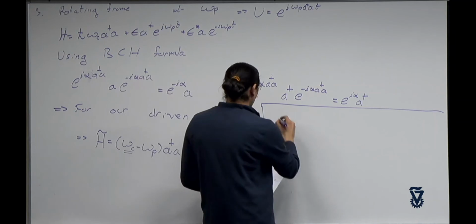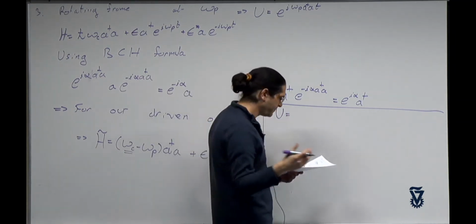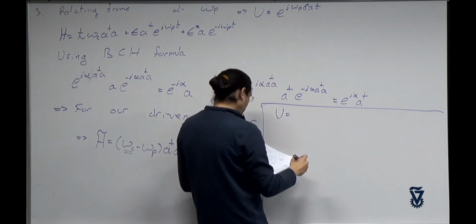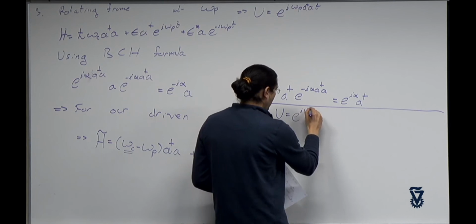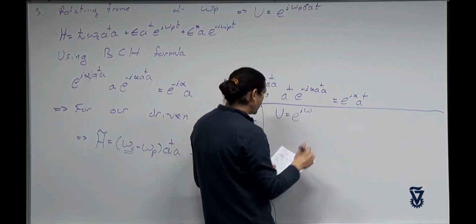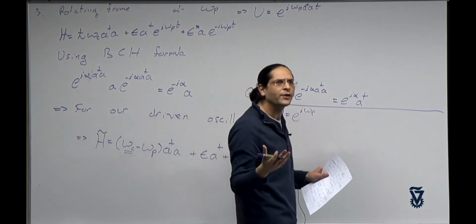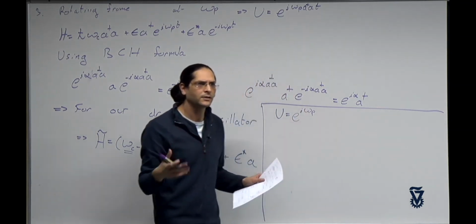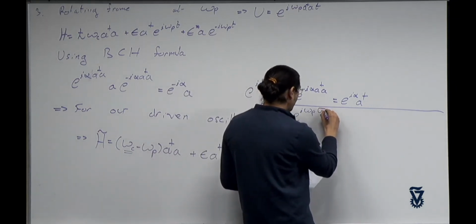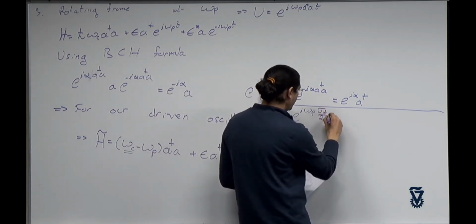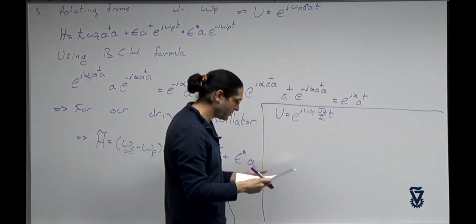So think about the Hamiltonian for the spin, and you can choose U equals e to the i omega p, that's some frequency that you want to rotate at, that's why I'm keeping it omega p. But now I'm just going to have sigma z over 2 times t. So instead of a dagger a, this is sigma z over 2.